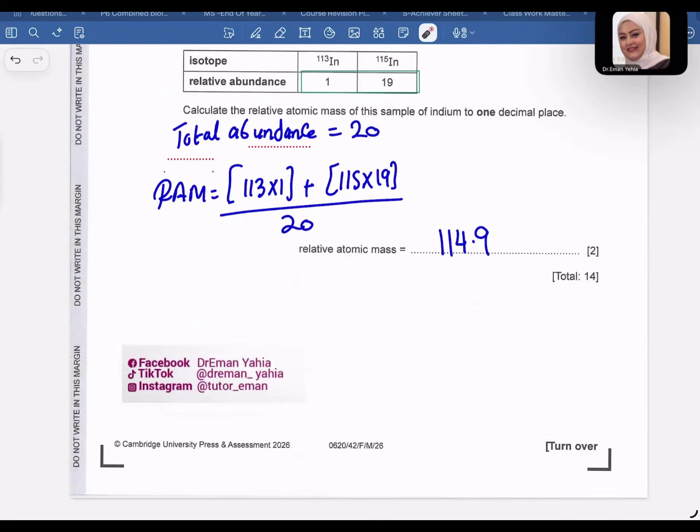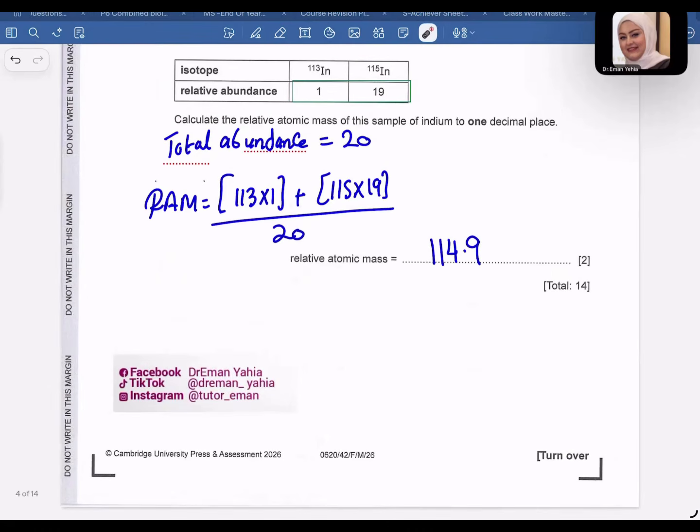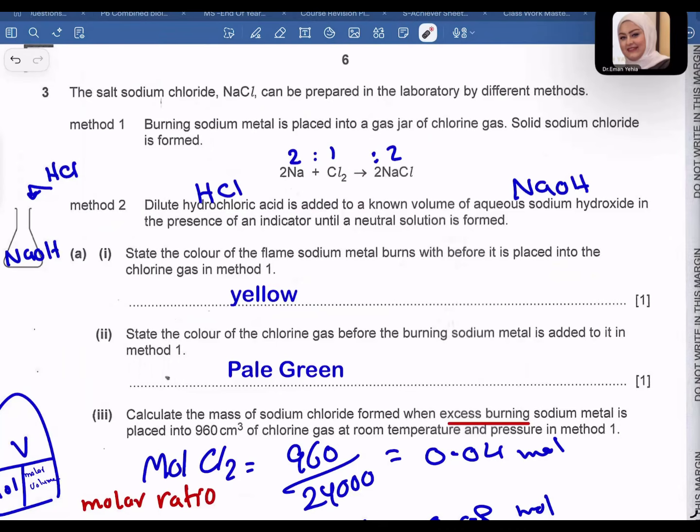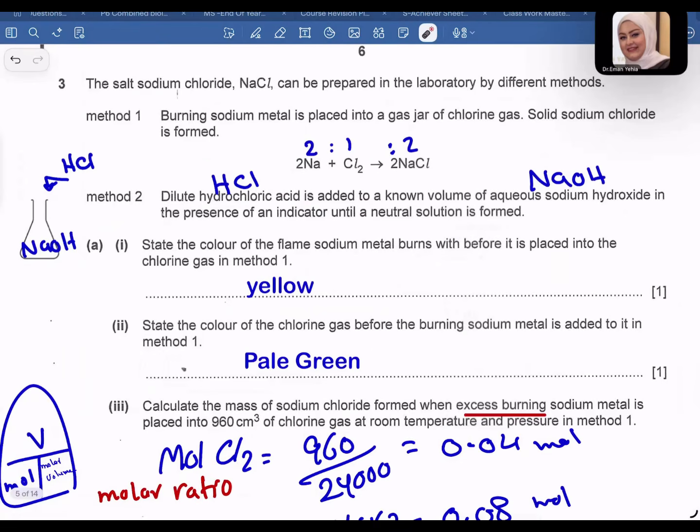Next question. The salt sodium chloride can be prepared in the laboratory by different methods. Method number 1, burning sodium metal placed into a gas jar of chlorine gas, solid sodium chloride is formed, and the equation is already given.